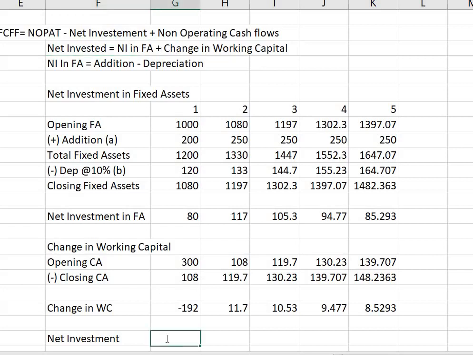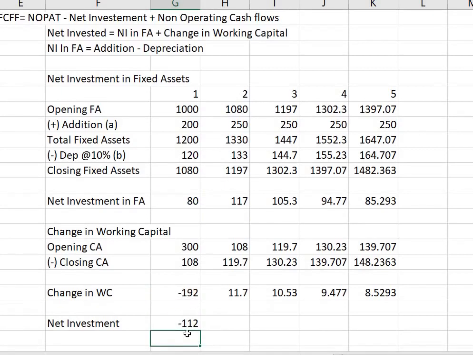So let us make the calculation. This is my net investment in fixed assets plus the change in working capital is this. So there is a cash outflow of 80, there is a cash inflow of 192, so that there is a net effect of 112, right? So this is what is my cash inflow.